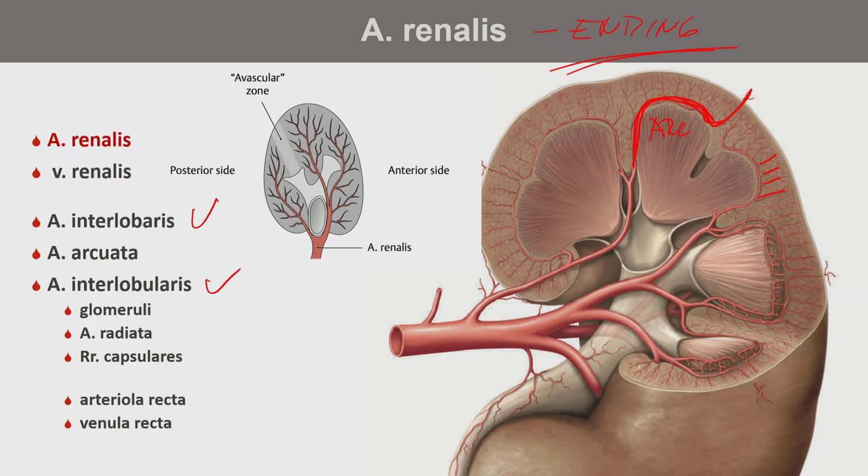In the renal artery, the zone which is called avascular is also important. This avascular zone is localized in the region of the kidney which is localized dorsolaterally.